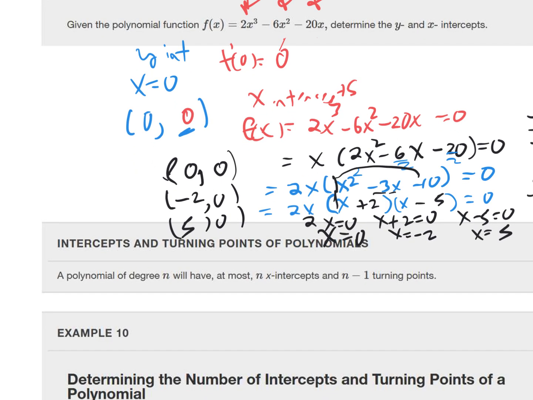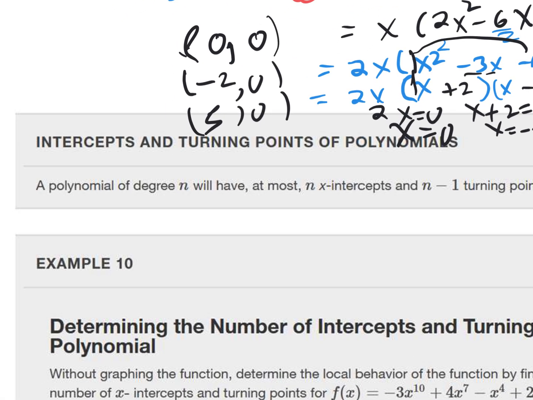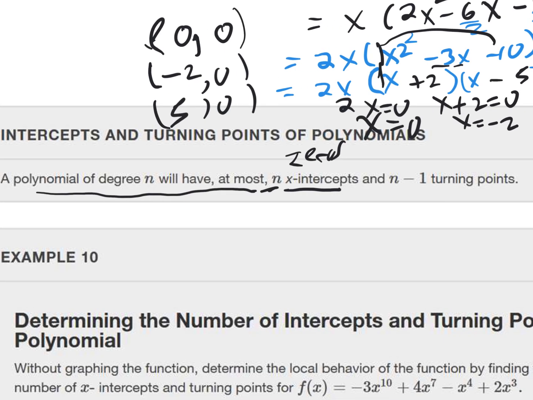We talked already about turning points. We talked about them, but here's the secret. A polynomial of degree n will have at most n x-intercepts. Those are your zeros. And n minus 1 turning points. Take 1 away from the highest power.